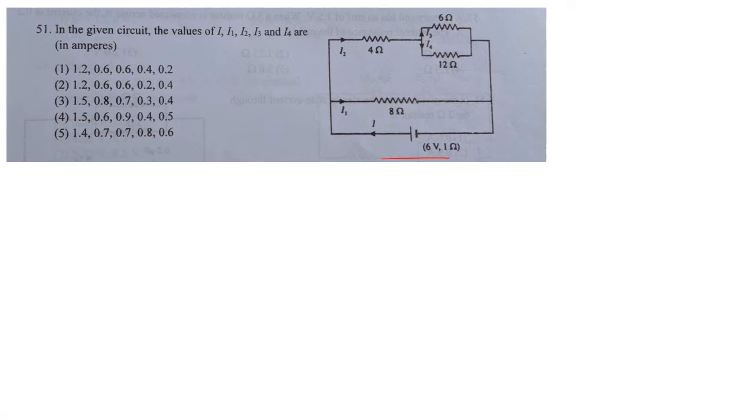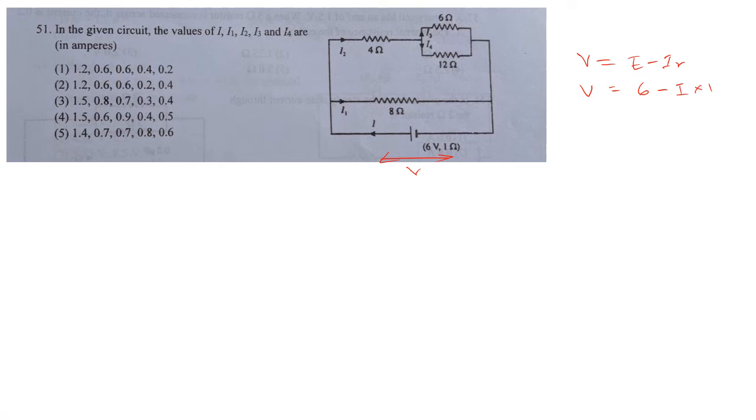If I say the potential difference across the battery is V, we can write V equals E minus IR, so V equals 6 volt minus I, which we don't know, into 1. We want to find I. The only way to find I is by considering the equivalent circuit, that means we want to find the equivalent resistance, because all the resistances are given here.